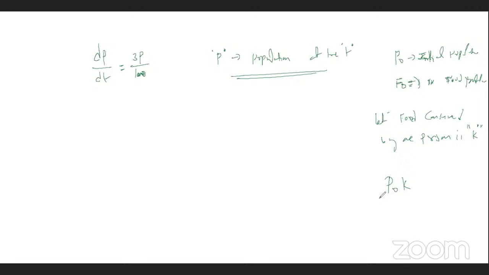And ఏం చేయాలి? And what is the relation between P naught K and F naught? Less of 10%. 10% less, sir. 10% of food defect కదా.